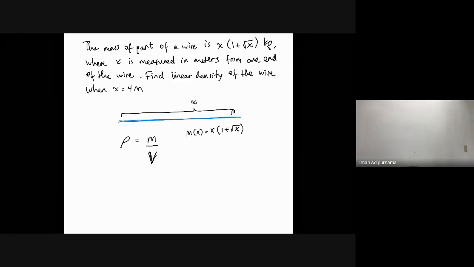But it is only linear density, so you only need to consider one axis. You don't really need to consider the volume. So you can simplify and make this the linear density. Let me write linear density as d; density is dm over dx.